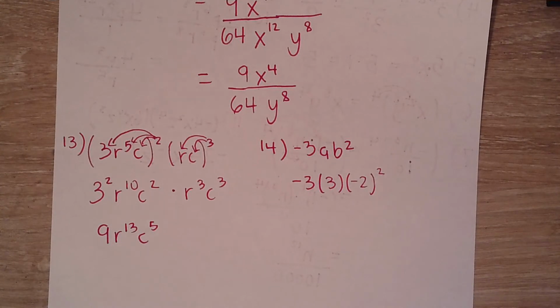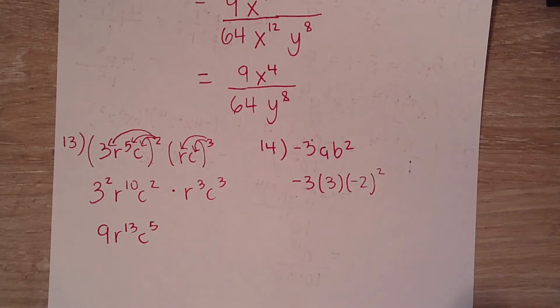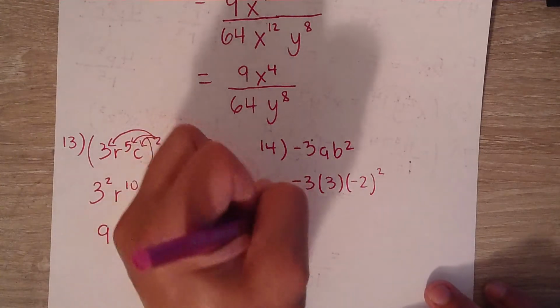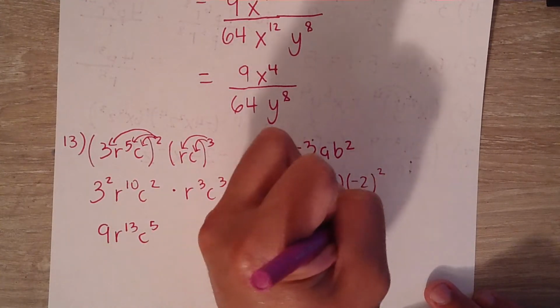Remember, students, we have grouping, then exponents, then multiplication and division. So we have to do this exponent before we multiply. -2 multiplied by -2 gives us +4, right? After that, it would just become a multiplication problem.